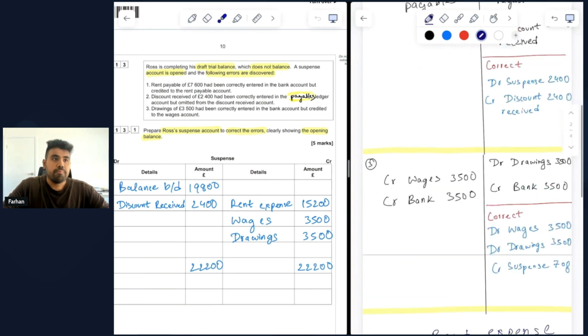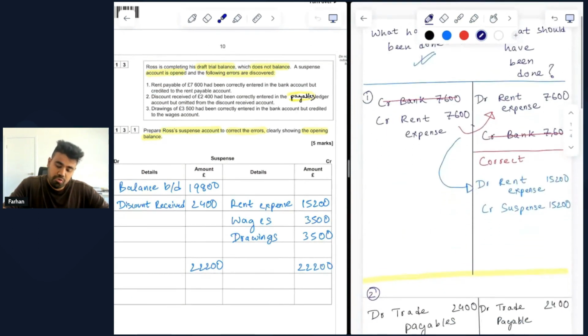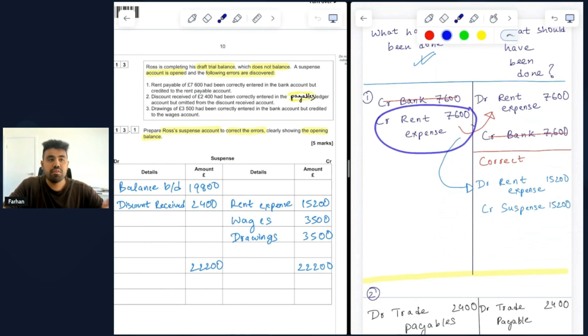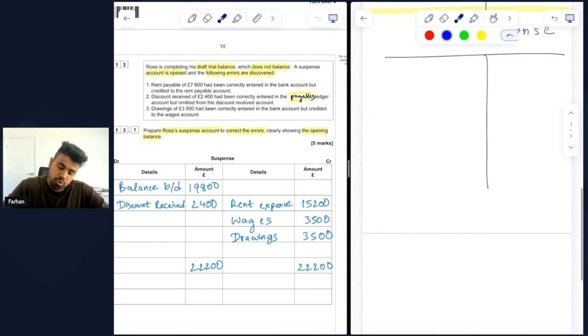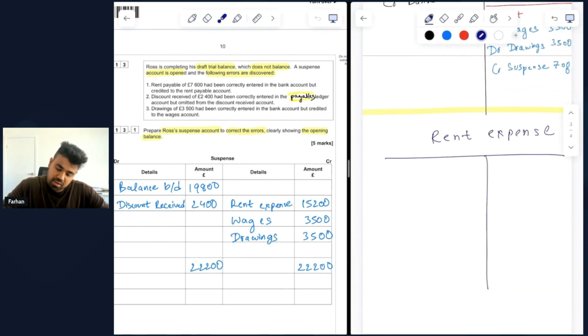We understand that they have credited rent expense of £7,600 in the books, which means if you were to go to the T account for rent expense on the credit side, they would have recorded £7,600 for bank, but that is incorrect. We were supposed to record that on the debit side instead.